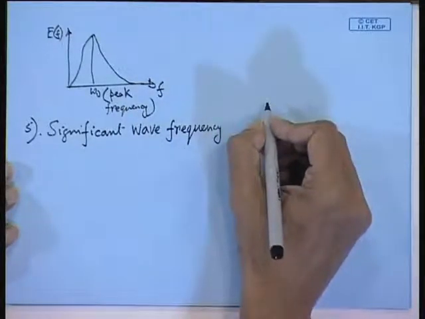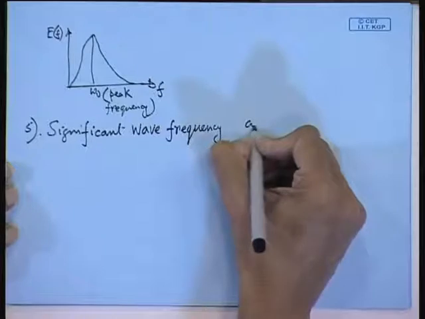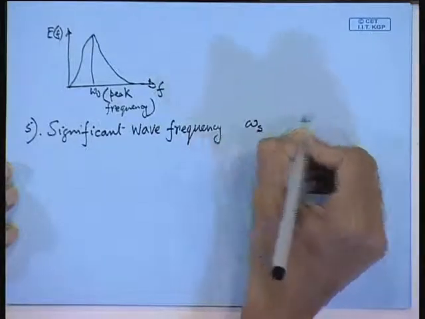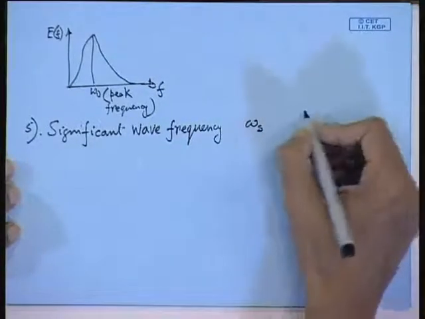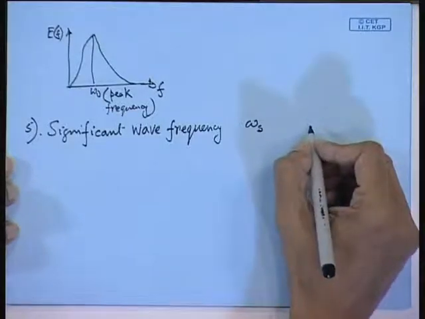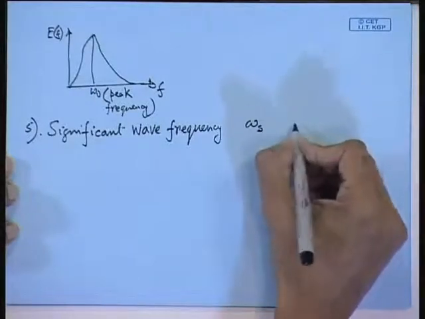Now, this symbol is given as omega s. So, this is the average frequency corresponding to the significant waves.